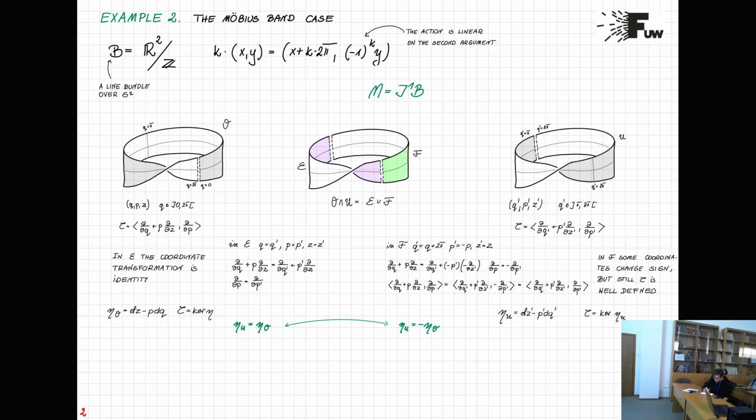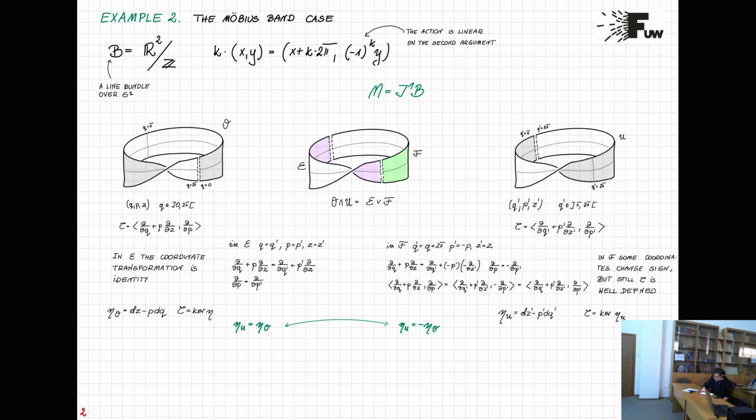So in both coordinates, vectors spanning our distribution look exactly the same. However, over this green part of the intersection, there are changes. So if I want to write this vector belonging to the distribution in primed coordinates, I have to change the sign here, and of course as a result nothing changes.